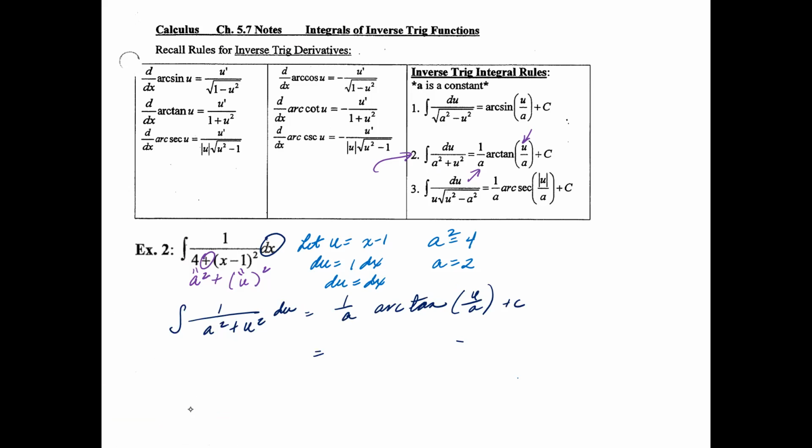So let's replace it then. That's 1 over a, which is 1 over 2, arctangent u over a, which is x minus 1 over a, and a is 2, plus c. And this is your answer.